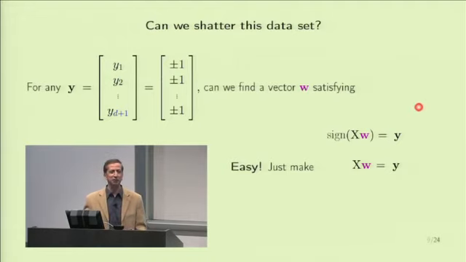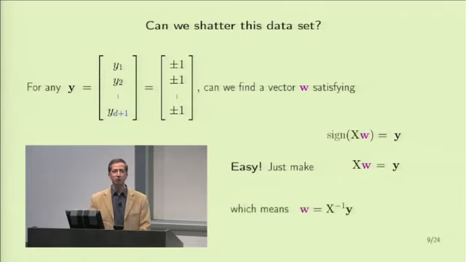So that will satisfy that. But that is easy to handle because now I have algebra working for me. Remember that X was invertible. So all you do is just solve for it. W would be the inverse of X times Y. And you have a solution that realizes any dichotomy you can think of. That's wonderful. So we were able to shatter D plus 1 points.